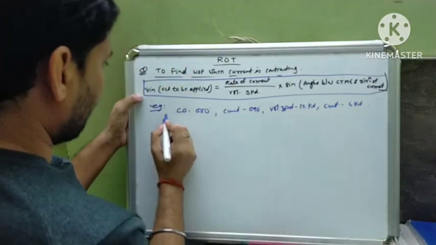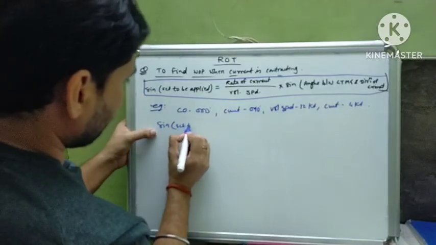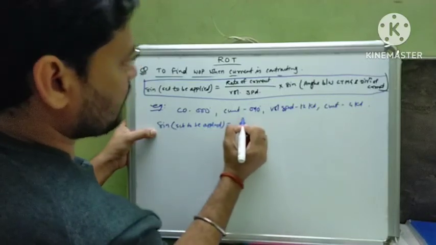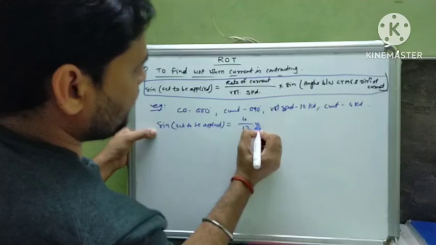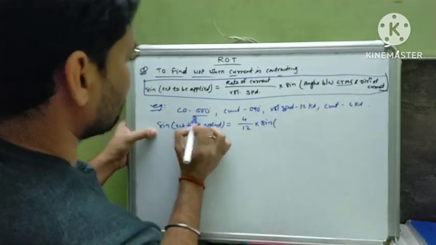So the set to be applied: sine of set to be applied equals rate of current 4 divided by 12 into sine of course to made good.